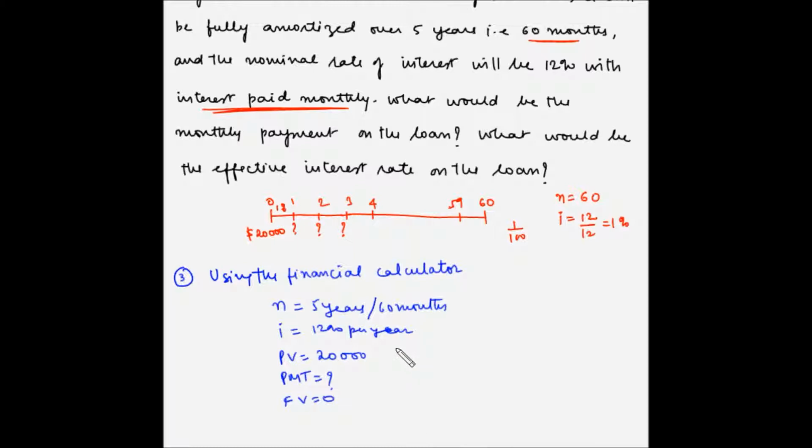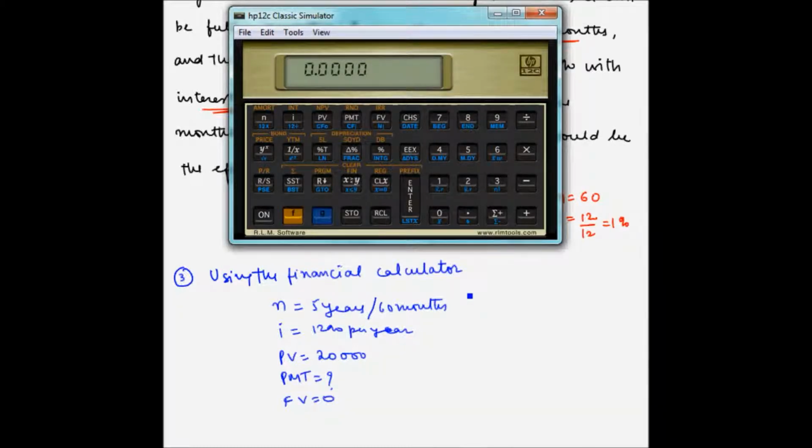Now let's see how to use the financial calculator to solve this. Now here the compounding is happening on a monthly basis. So we have to be careful when we enter these values. So let's see how we enter the value for N, I and PV, and of course FV is 0. So for N, first we'll enter 5.